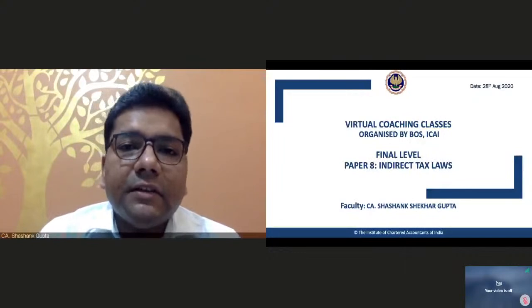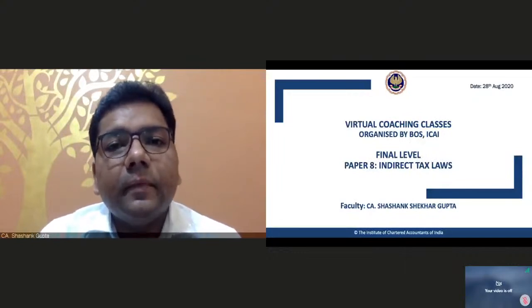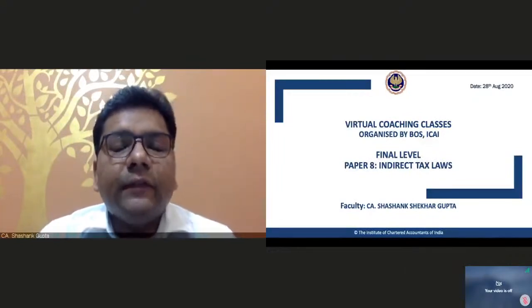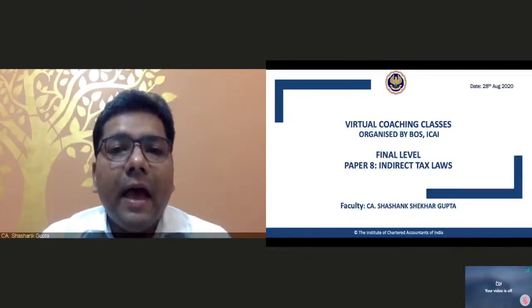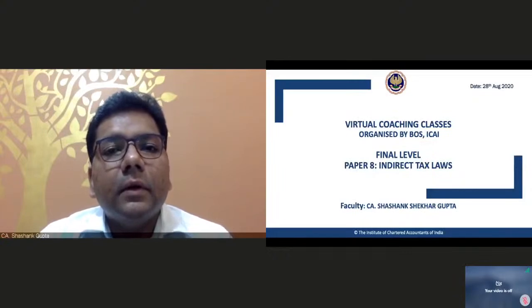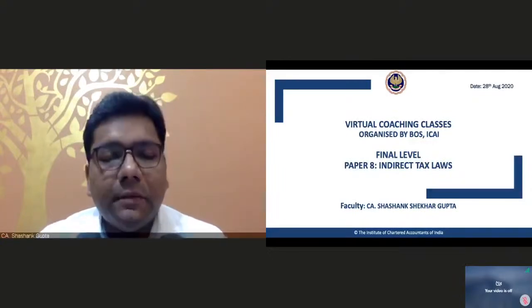If a transaction is a composite supply, then it will be liable to tax under GST in accordance with the principal supply.